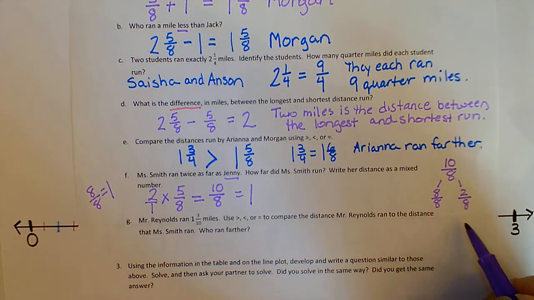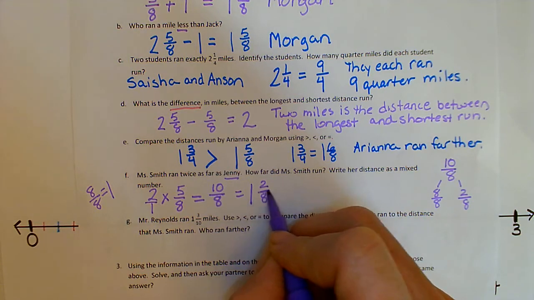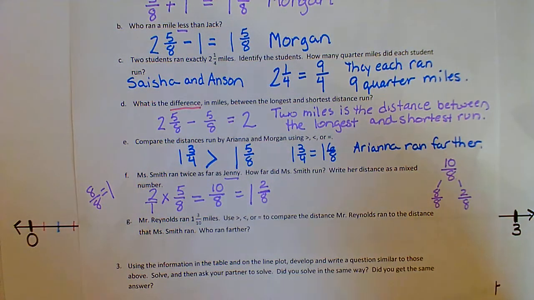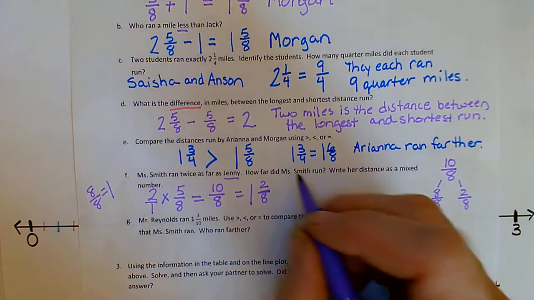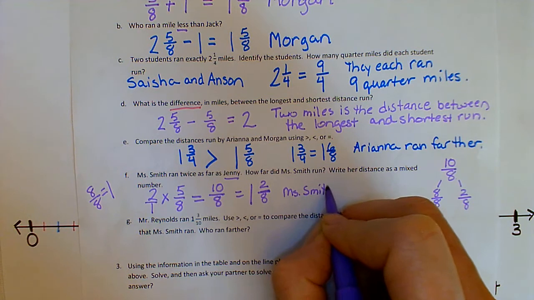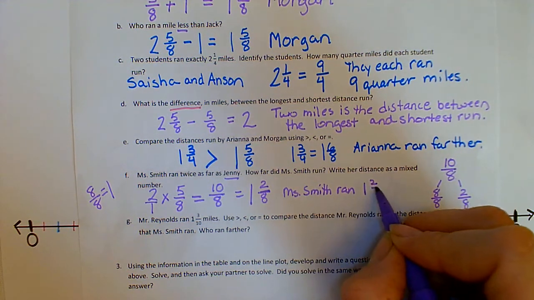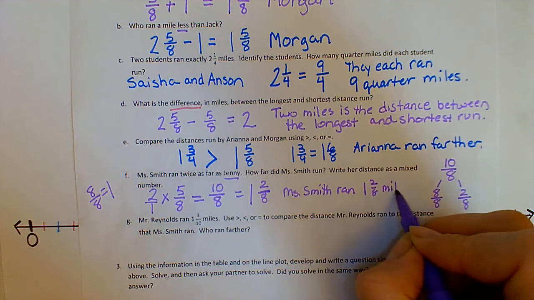And 2/8 would just stay 2/8, unless you want to compose it, but we're not going to get all crazy right now. So we know that Miss Smith ran 1 2/8 miles.